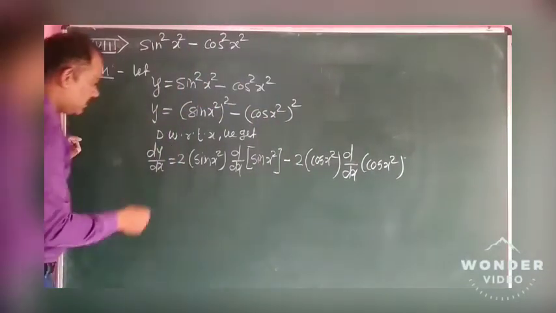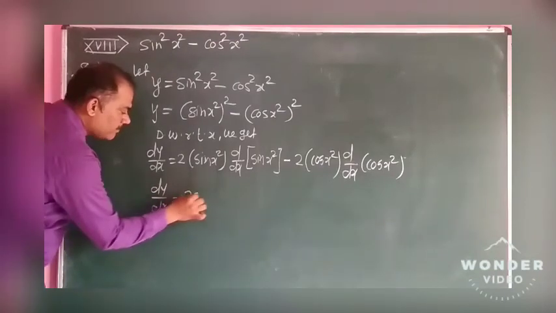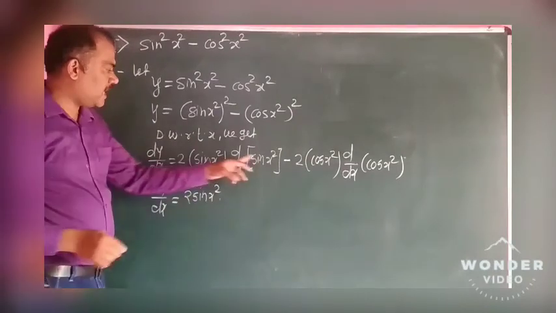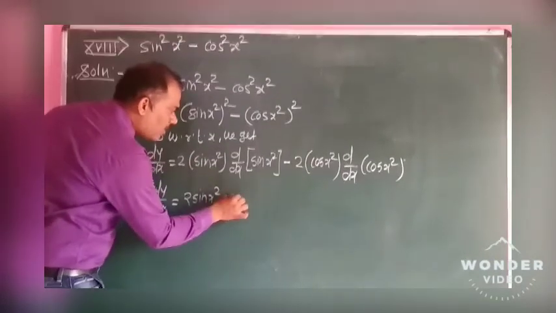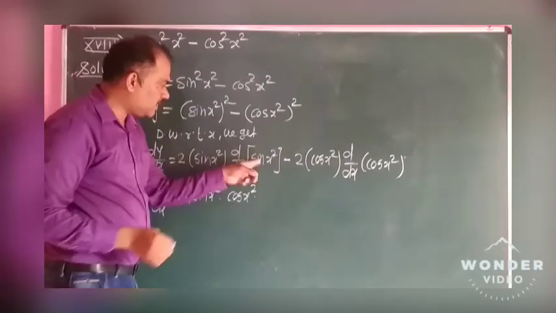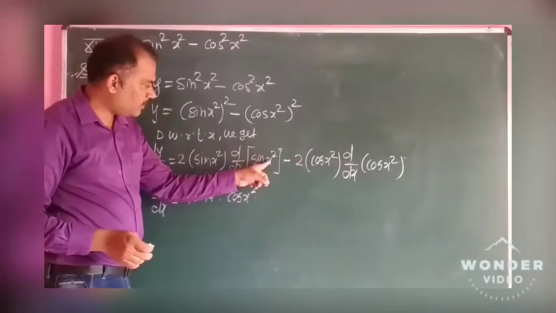Okay, that is dy by dx is equal to 2 times sin x square into d dx of this sin. What is the derivative of sin? Is cos. That is the cos x square into, we have to take the derivative of this sin. That is the cos. What is the angle? x square. We can write as it is. Now we have to take the derivative of this angle.